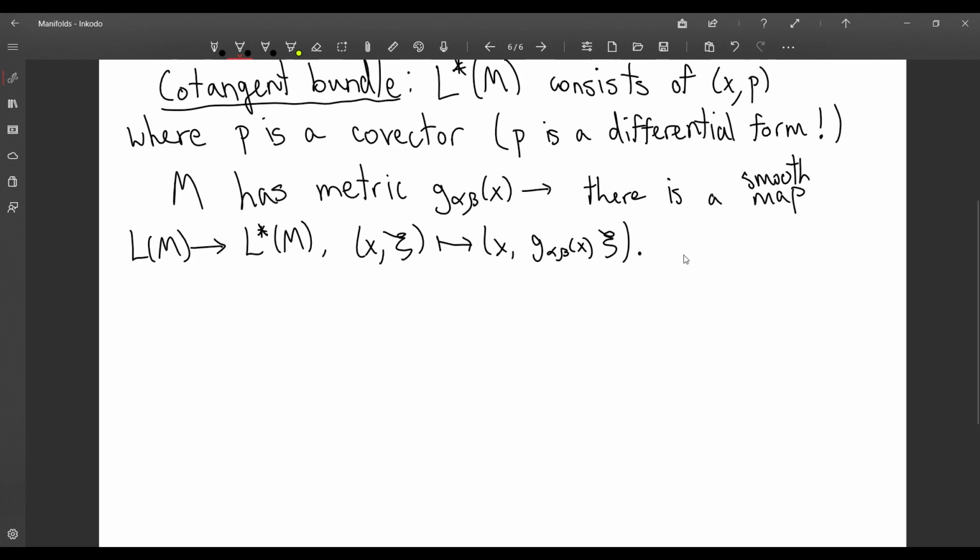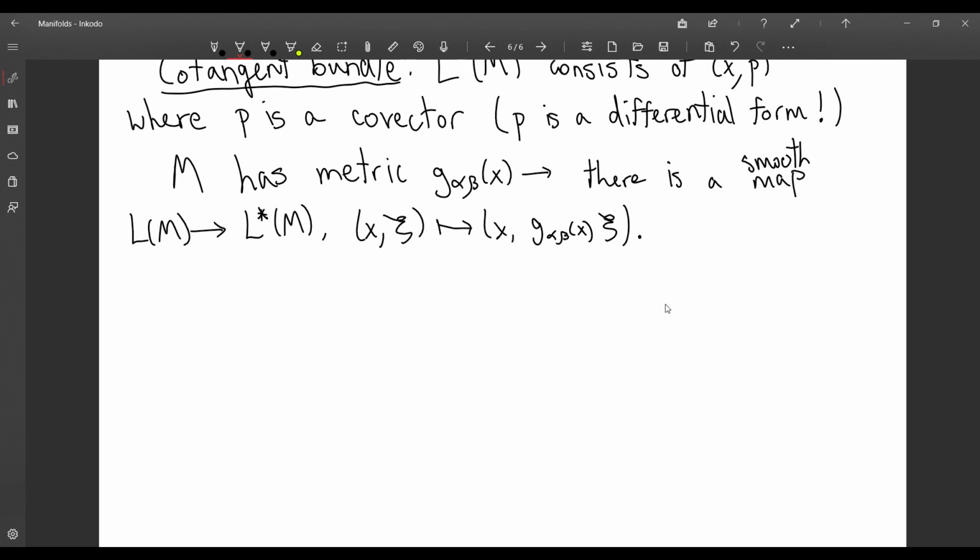And the last definition is that of a normal bundle. So let's consider M, an n-dimensional Riemannian manifold.